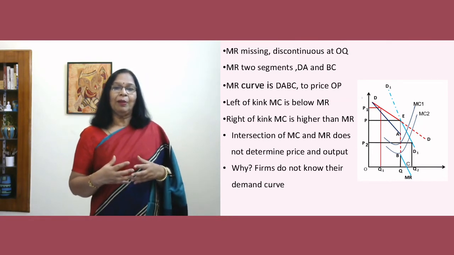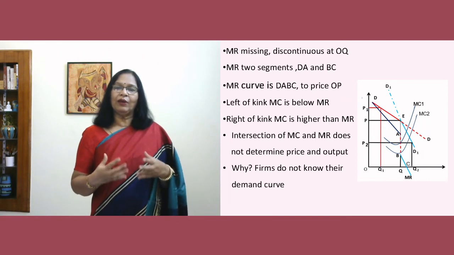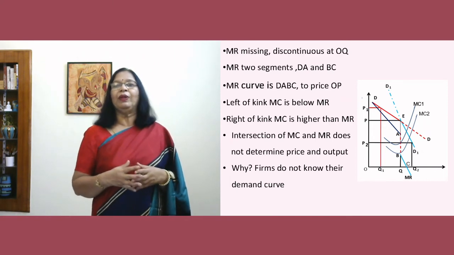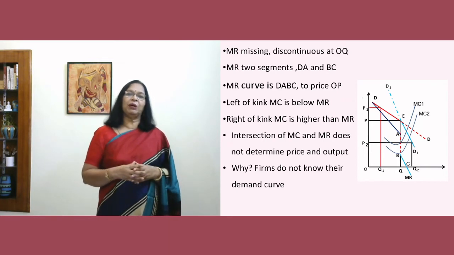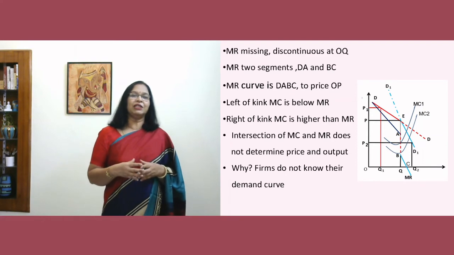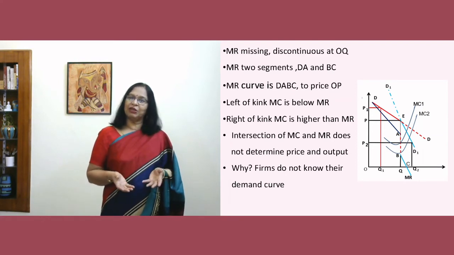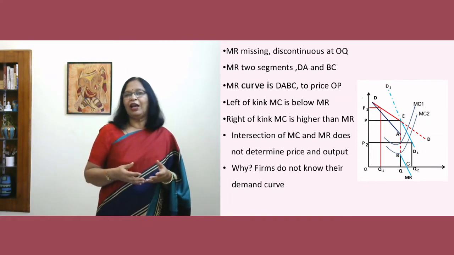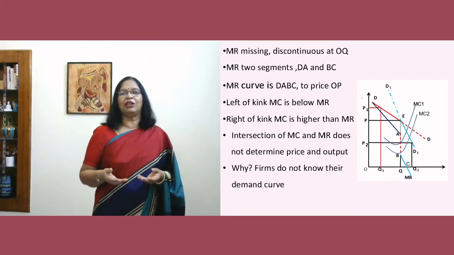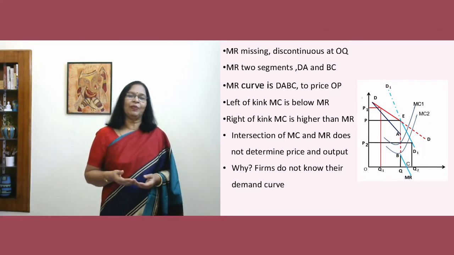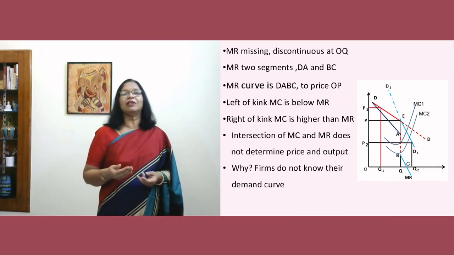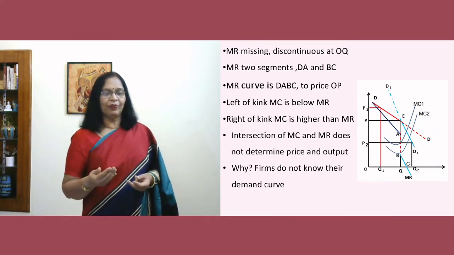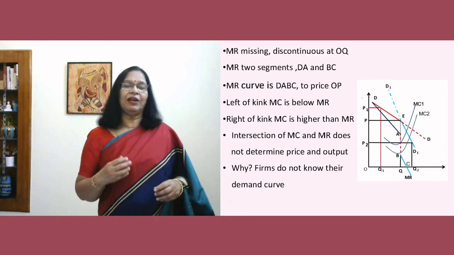So why does this happen to the firm? This is true for the firm because the firm does not know its demand curve. The demand curve itself is indeterminate. So if the demand curve is indeterminate, then obviously the marginal revenue curve is indeterminate, and therefore wherever the cost curve comes, it doesn't influence the marginal revenue and cost curve interaction to give us the price or the output.